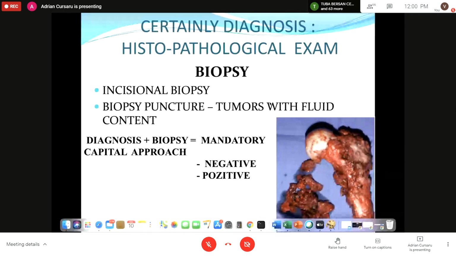But it is very important for all types of lesions, even if after all the investigations you think and feel that you have a malignant bone tumor or a benign one, it is very important to make that biopsy, either incisional or biopsy puncture, to have a correct and complete diagnosis, to know the correct treatment for that patient.